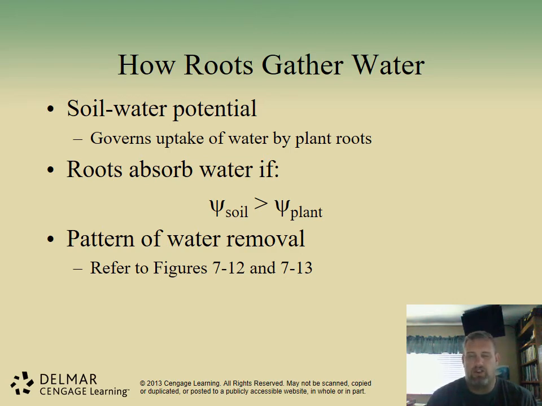It would not attract much more water. It would just sit there with the amount of water it had when you put it in the bucket. But if we took the same style of sponge when it was very, very dry and placed it in the bucket, it would absorb a lot of that water. That is because the potential in that dry sponge is much lower than the potential of the water, thus allowing the water to infiltrate and flow into the sponge.